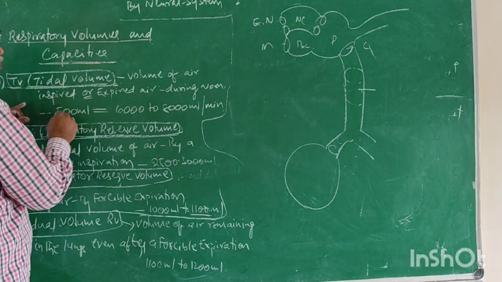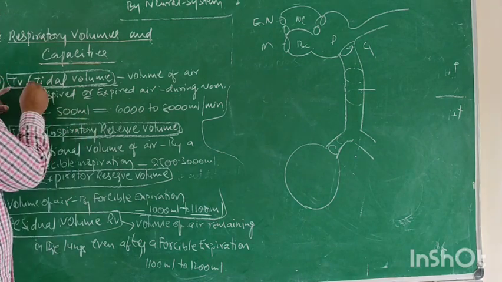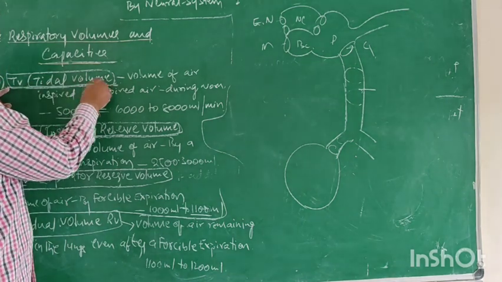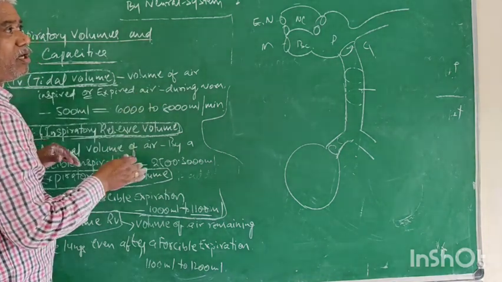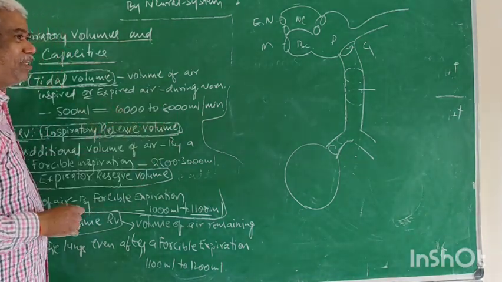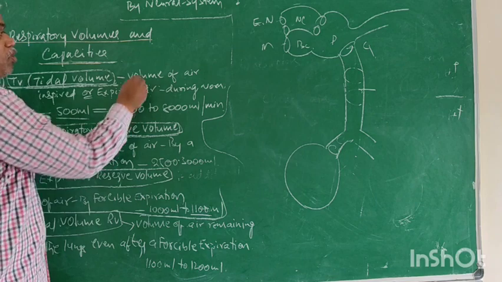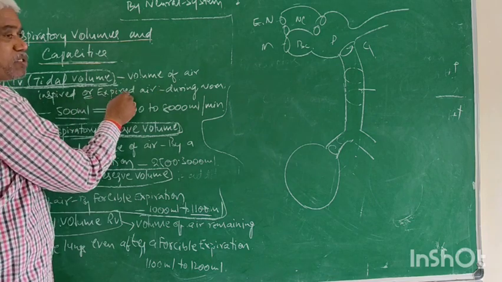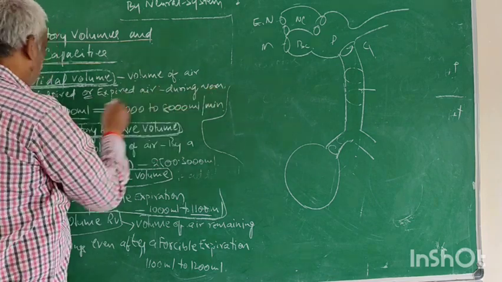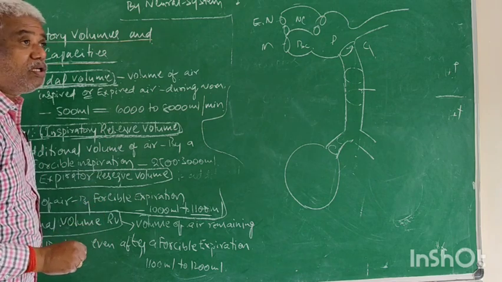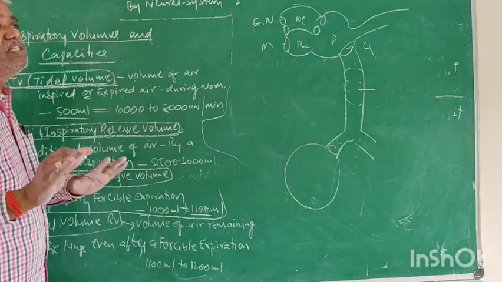What is the amount of tidal volume? 500 ml. TV, tidal volume. What is the definition of tidal volume? The volume of inspired or expired air during normal breathing at normal physiological activities.